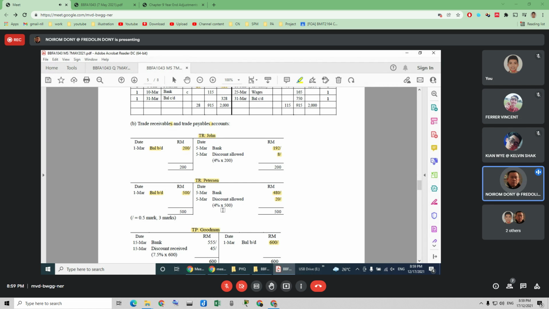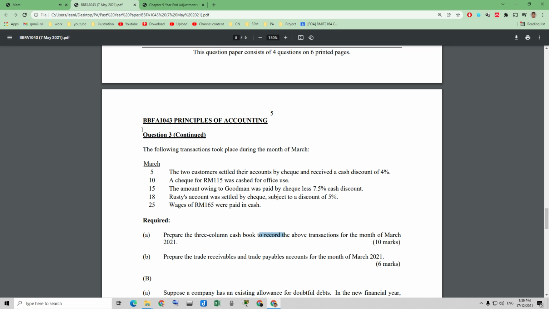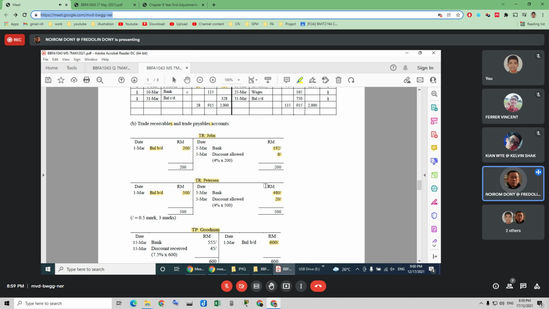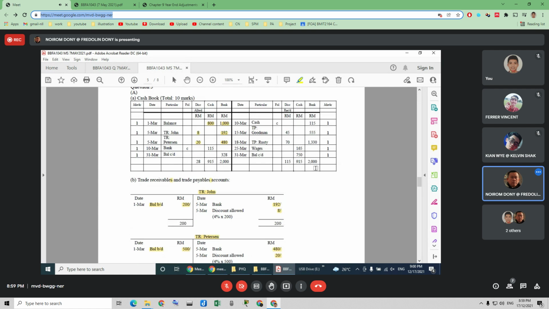Okay, March 10, a check for 115 was cash for office use. A check for 115 means your bank is reduced, so the bank will be credited. Bank column credited 115. So this is a contra entry. Was cash for office use.